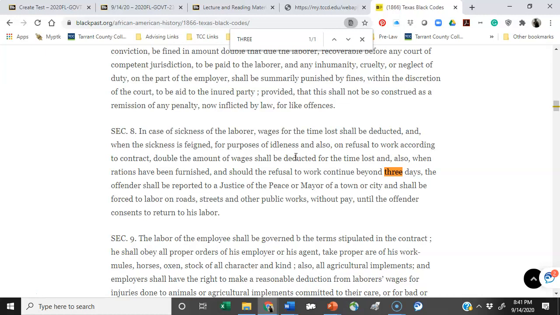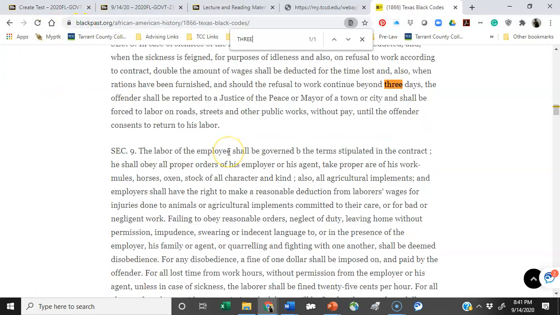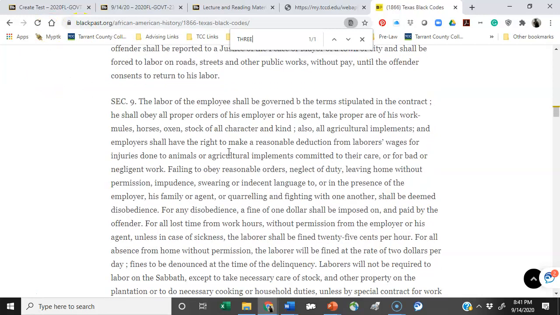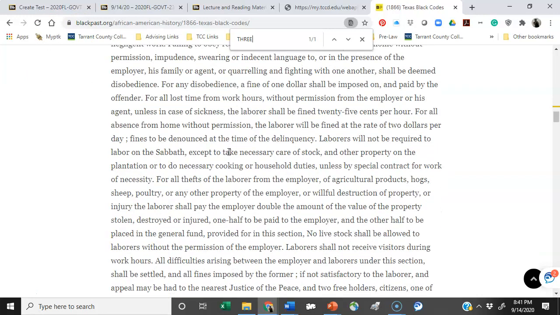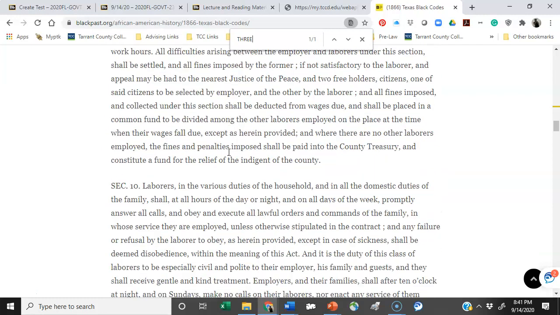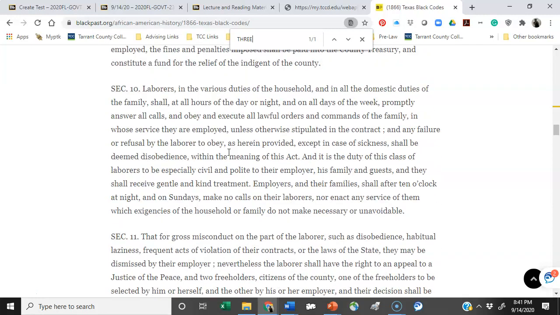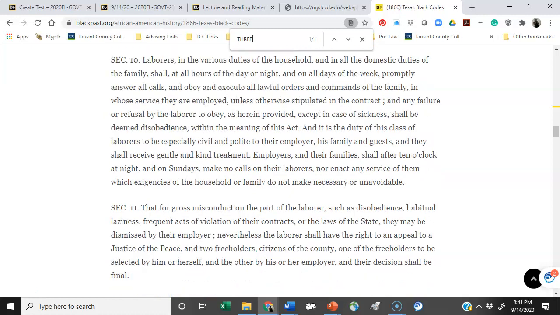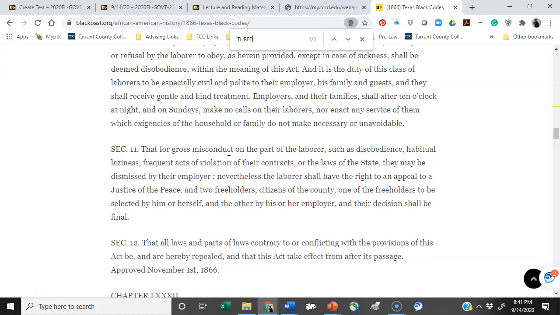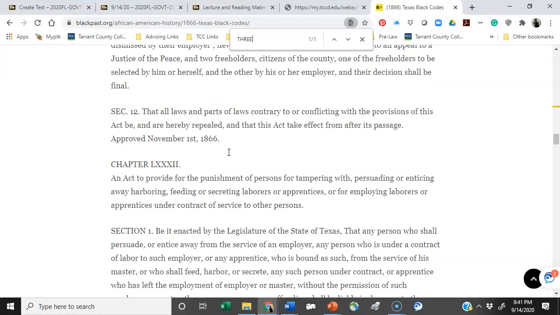So you could work for whoever you wanted to, but if you decided that you were going to work for them, you could not leave and you couldn't miss more than 3 days. You could also apprentice your children for extended periods of time to go and work. So you could contract for them.